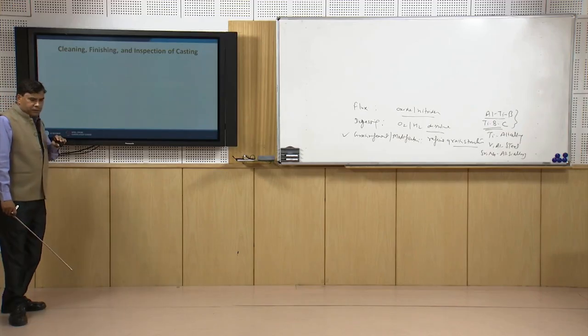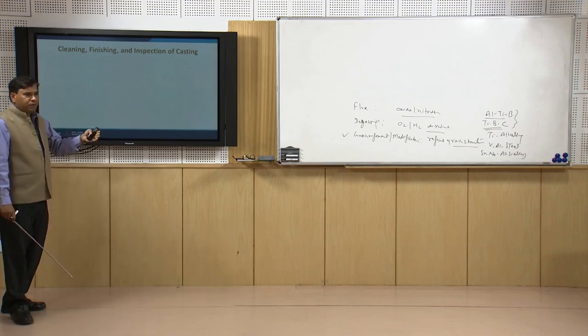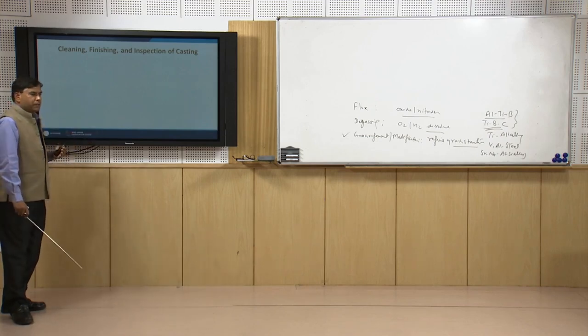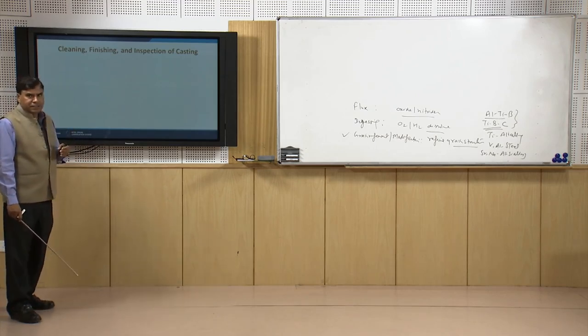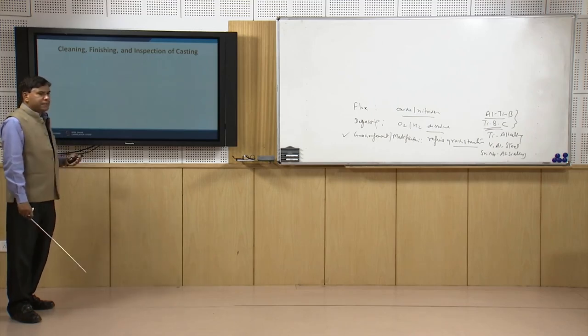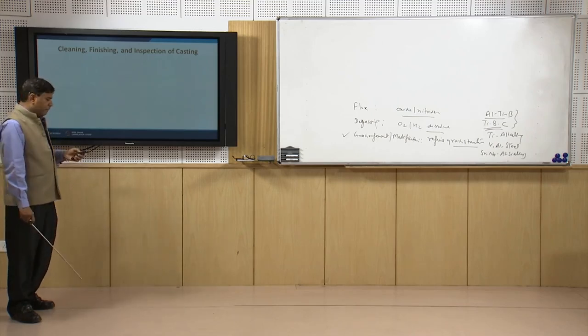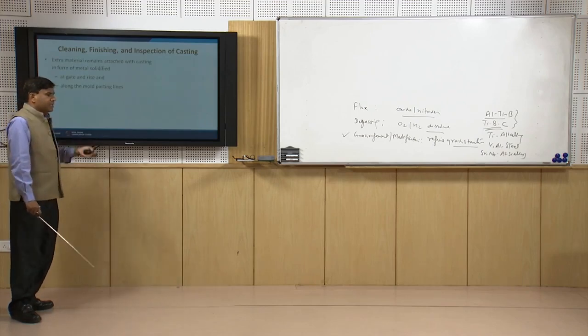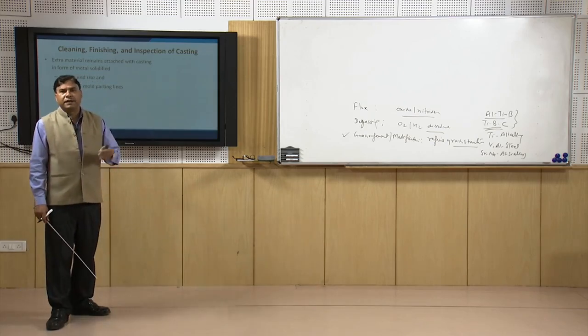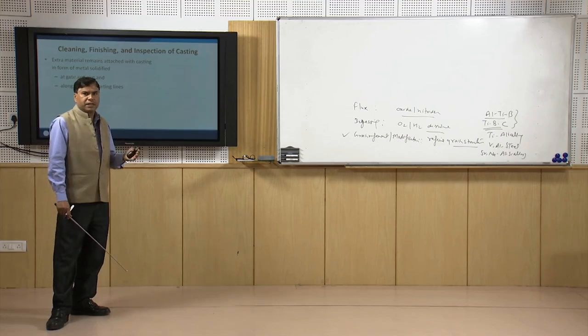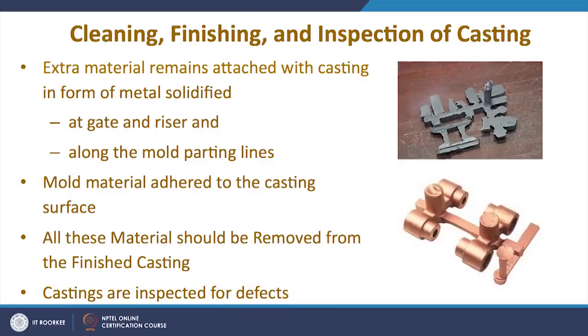So, once the castings are taken out by breaking the sand moulds or the moulds which are used once, or otherwise ejected through the mechanized arrangement in case of the metallic mould or permanent mould casting process, the casting has a number of undesired features associated with it, like the fins, unnecessary projected material, parting line material, the molten metal solidified in the gating system, and a riser.